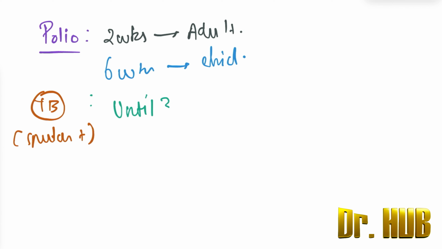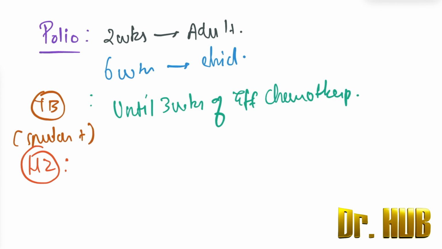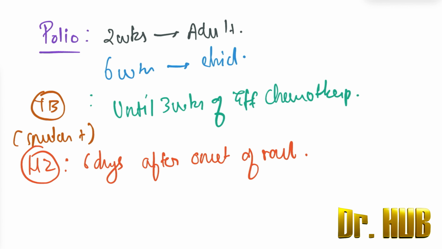Next we look at herpes zoster. Under herpes zoster, it is 6 days after the onset of rash.